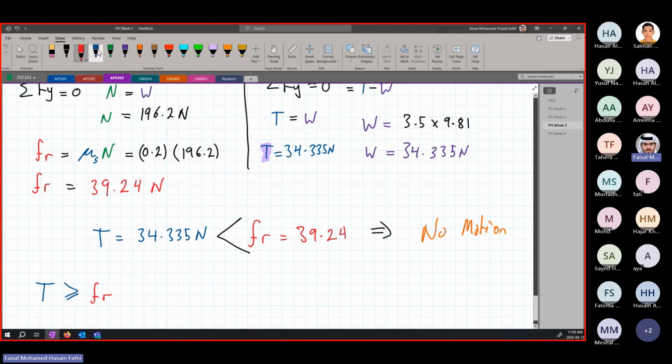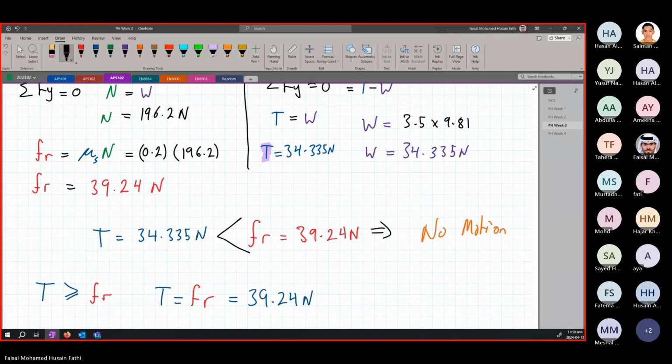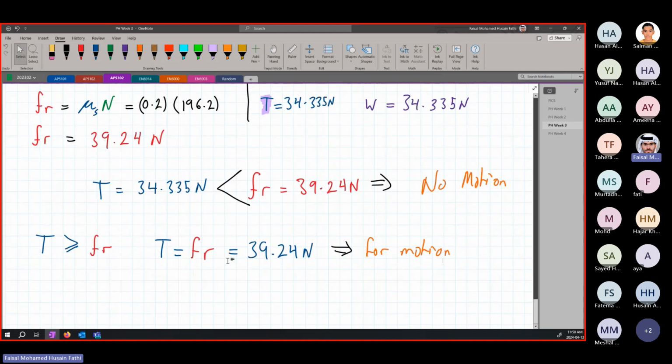So the minimum tension has to be equal to the friction force, which is equal to 39.24 newtons. Okay, this is the minimum tension we need so that there will be motion.